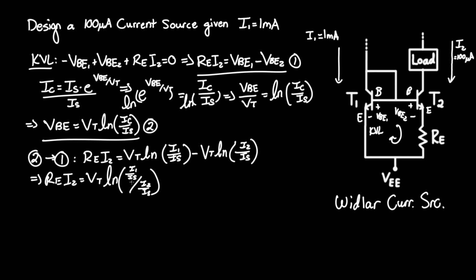And we can simplify this a little further, since this is also just saying I1 over IS times the reciprocal of IS over I2. You can cancel the IS's, which gives you I1 over I2. So that's actually what's inside this logarithm. Let's write that now.